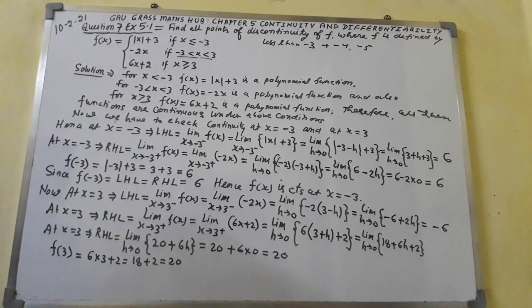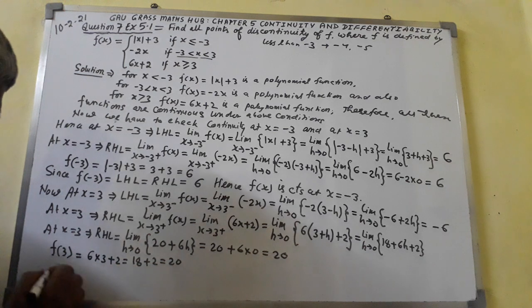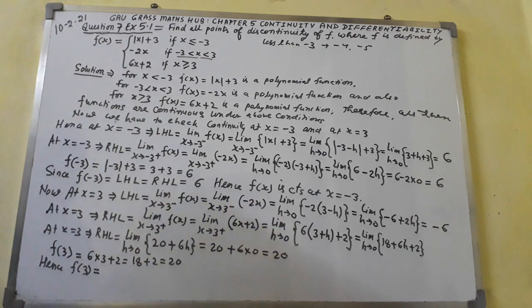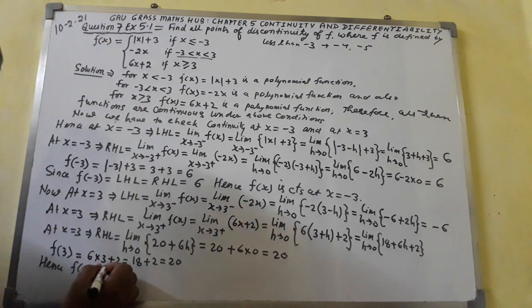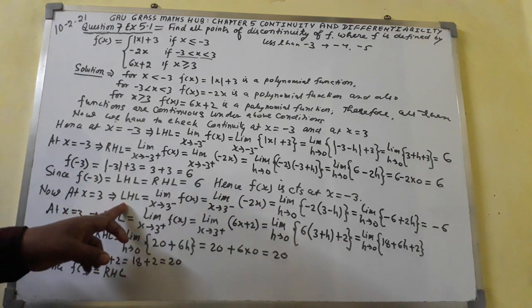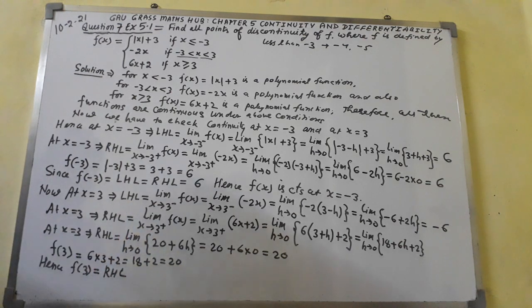In this way, hence f of 3 is equal to the right hand limit, but the right hand limit is not equal to the left hand limit.